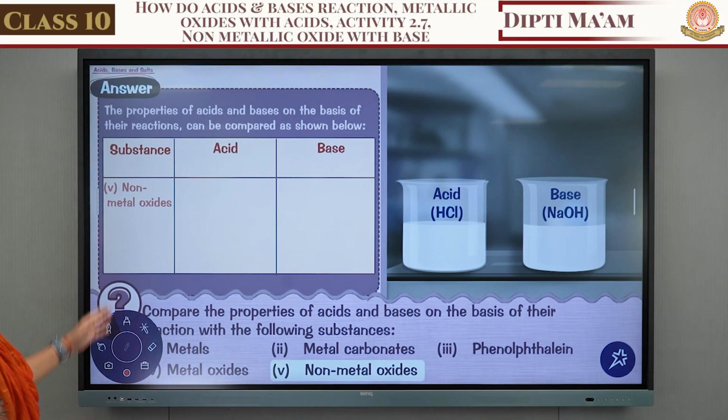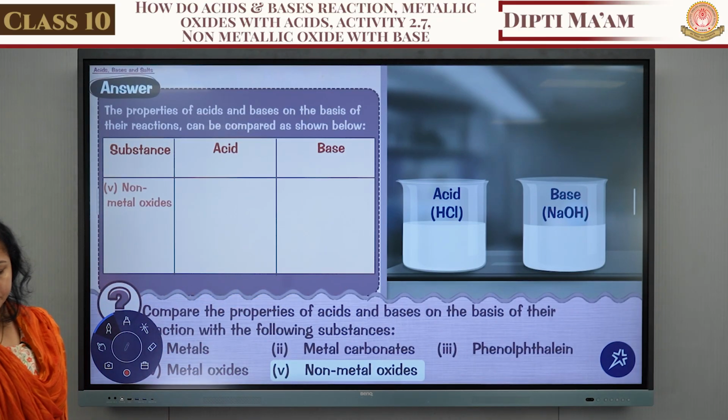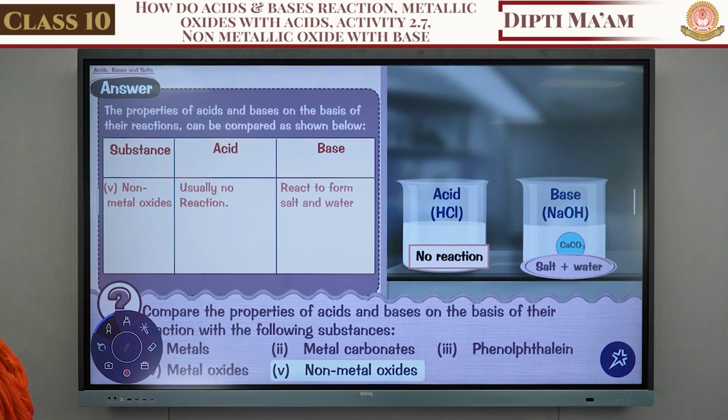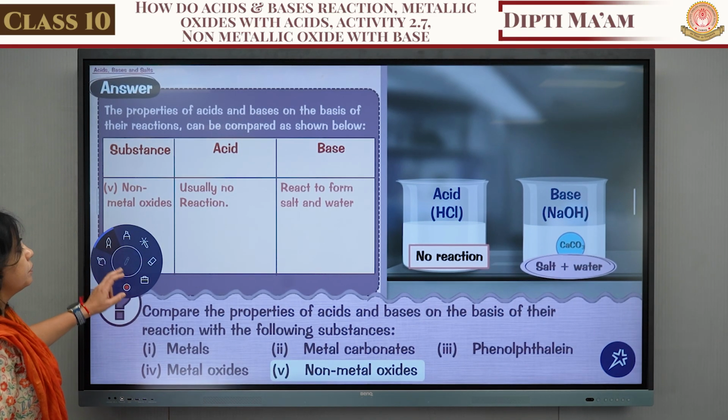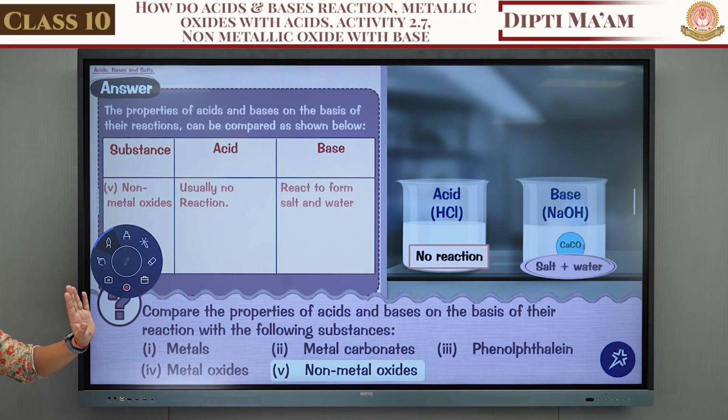What is the effect of non-metallic oxide with the acid solution? No reaction. Carbon dioxide usually has no reaction with acid, and with the base it will form salt and water. So these all are the comparison of the properties of acid and base with the help of different substances.